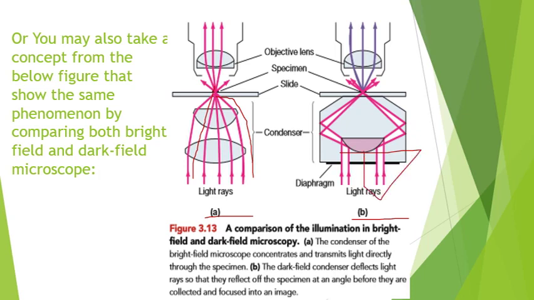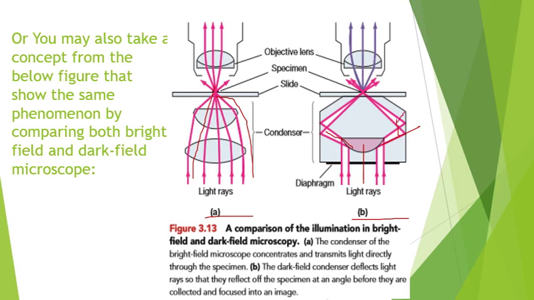So you observe in this case, light enters through the diaphragm and approaches the condenser. Here the condenser deflects the light towards the left and towards the right side, and after this they reflect off the specimen at different angles. These are the different angles.